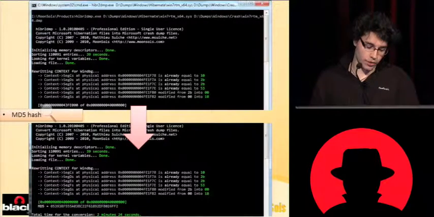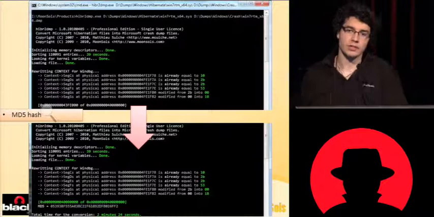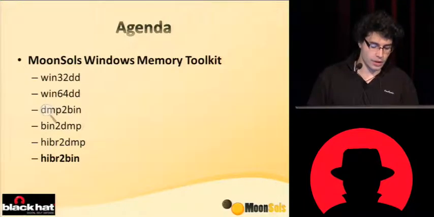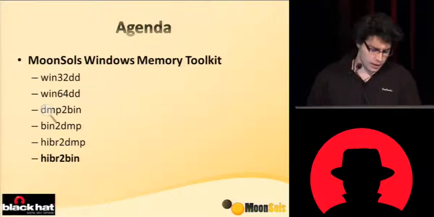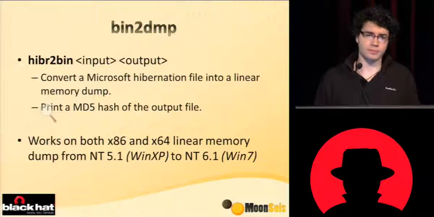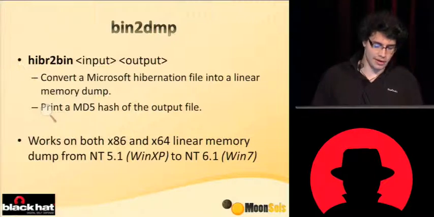Again, it also provides an MD5 hash of the generated Microsoft crash dump. The last one is not exactly the same. It's still regarding the Windows hibernation file, but this time it will uncompress every compressed block of the file from the memory.